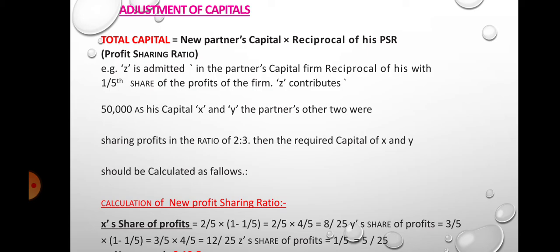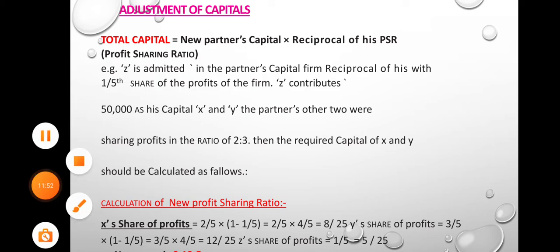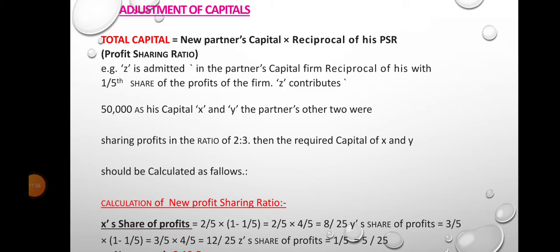Calculation of new profit sharing ratio. Tell me the formula. New ratio is equal to old ratio into balance of 1.